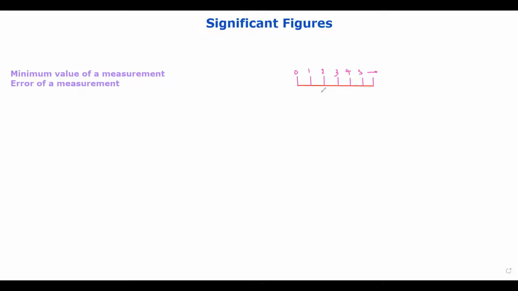However, as an example, we will take a 1 centimeter portion of this ruler. I will enlarge it and draw it again. This portion is the 1 centimeter part of the above ruler.